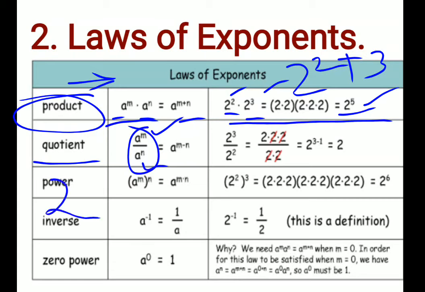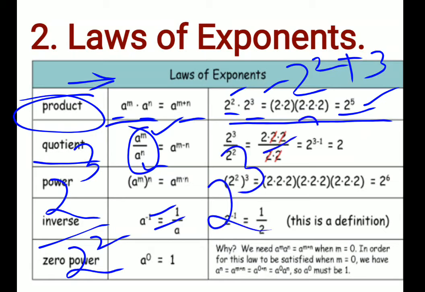Suppose you have 2 cube by 2 square, in division form. Then you can write 3 minus 2 directly in the power form, not together. Some students write 2, 3, which is incorrect. It should be written in its exponential form only, that is 3 minus 2, that is 1. So 2 to the power 1 means 2.